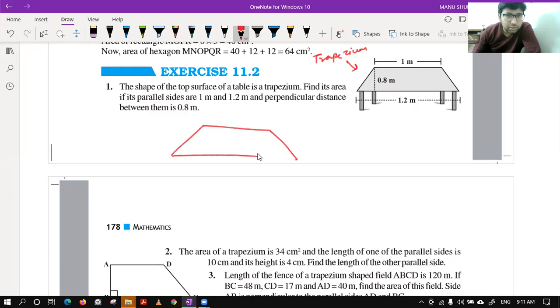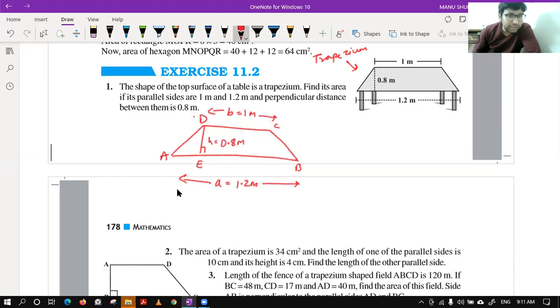Without a diagram, questions are incomplete. So name it A, B, C, D. Draw a perpendicular like this, DE. It is given that A is 1.2 meter, B is 1 meter, and H is 0.8 meter.